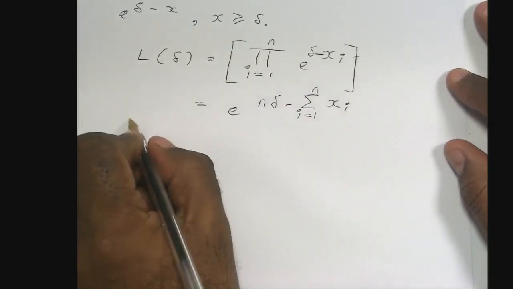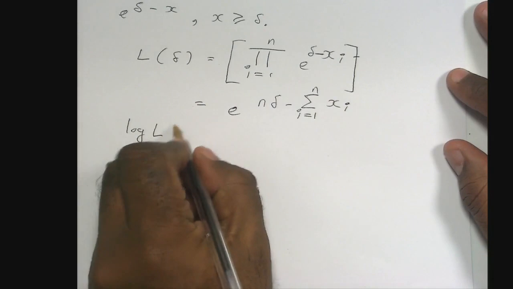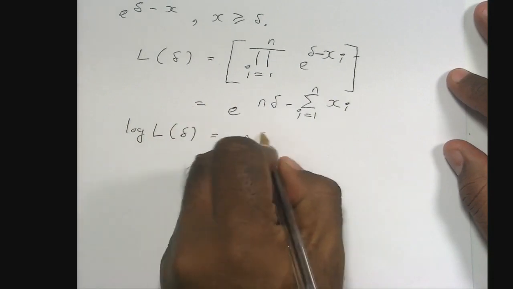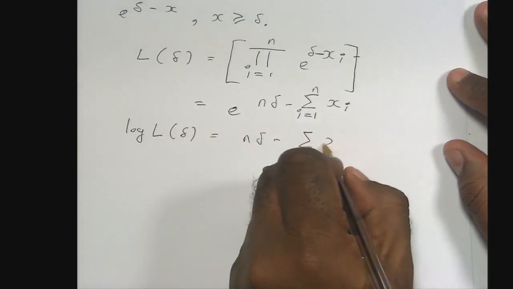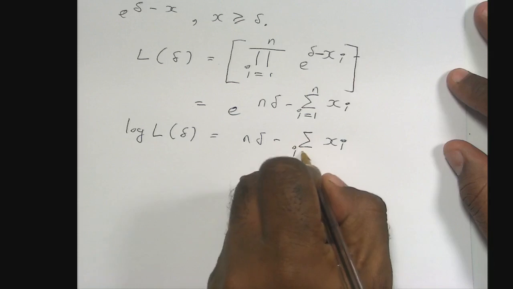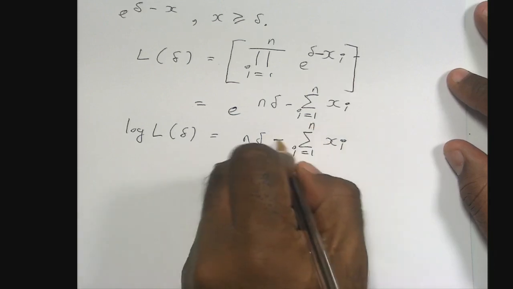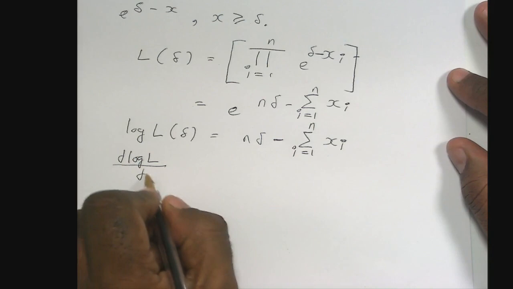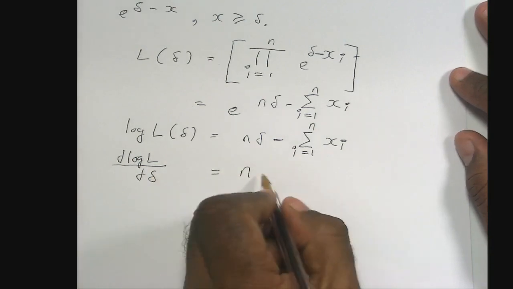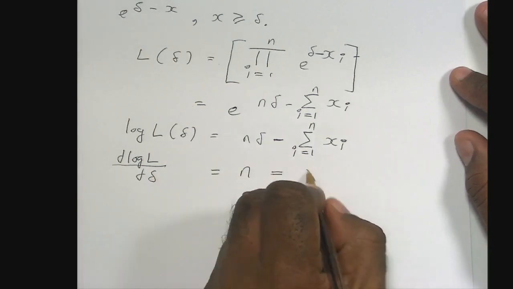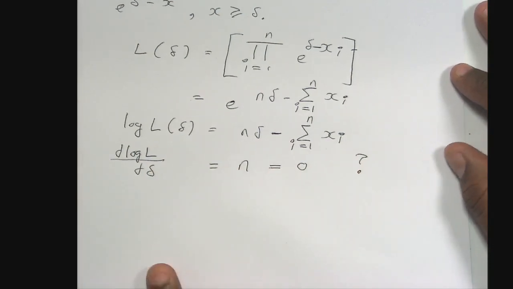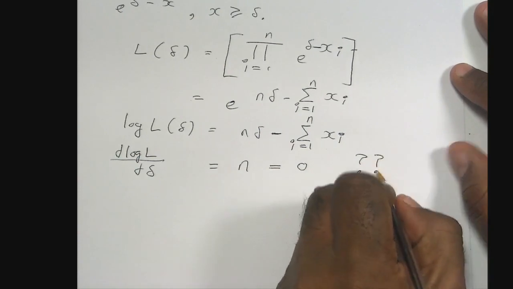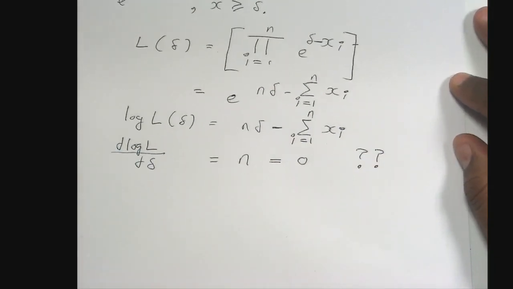So the log likelihood function is n delta minus the sum of xi. The derivative of the log likelihood will be n, which is equal to 0. Doesn't make any sense, right? So that means the standard approach doesn't work.